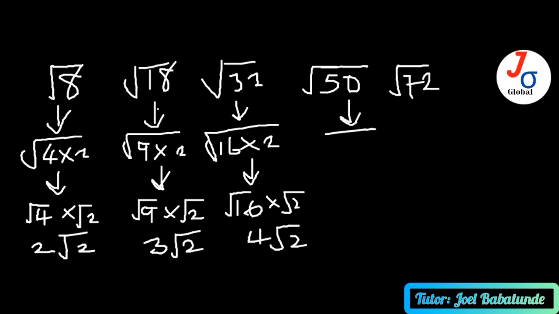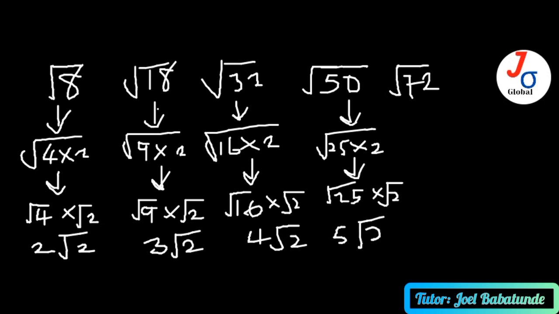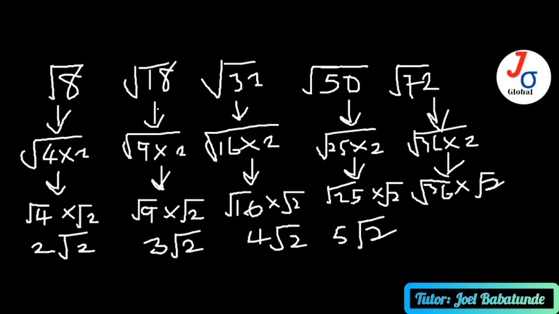Then 50 is root 25 times 2, which gives root 25 multiplied by root 2, so 5 root 2. And 72 is root 36 times 2, which gives root 36 multiplied by root 2, so that's 6 root 2.